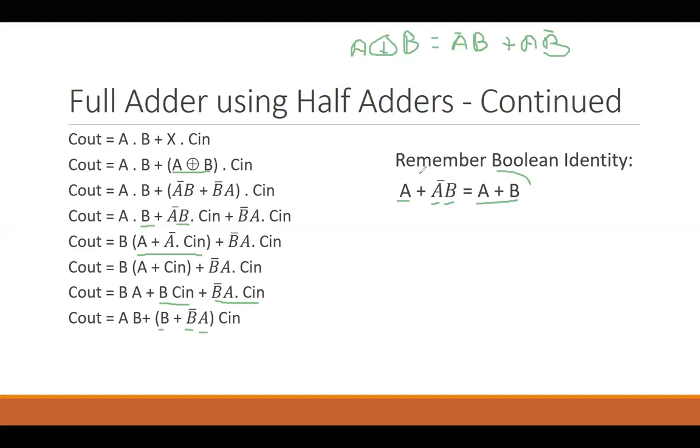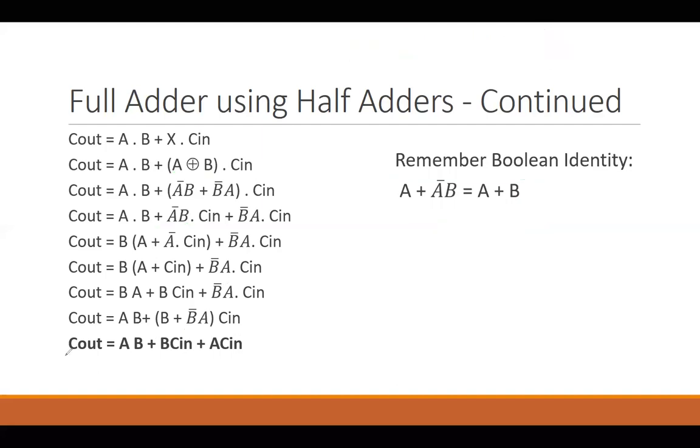So by using this identity over here, we can just simply ignore the inverse and we can write B plus A. And after having B plus A, we can simply multiply C in and we would have our simplified expression of C out.